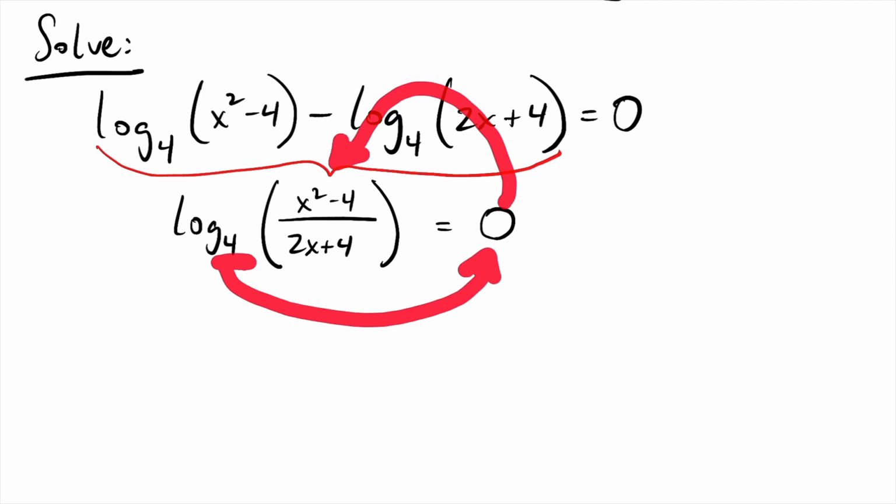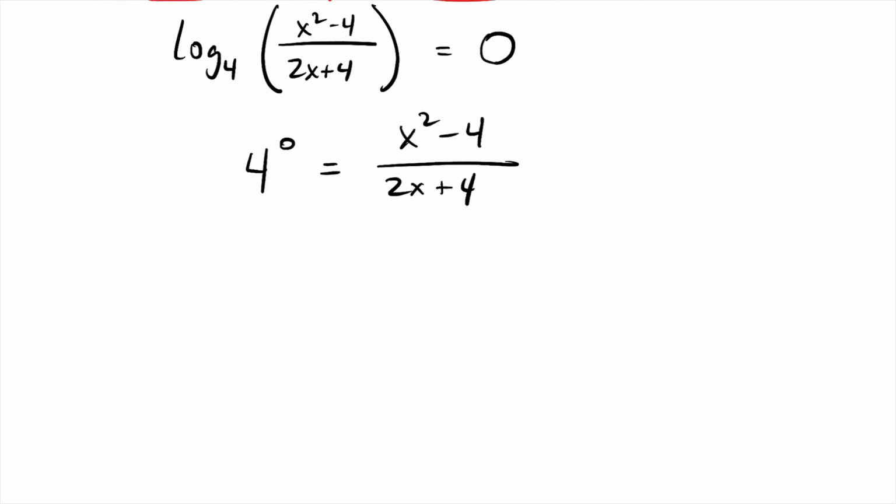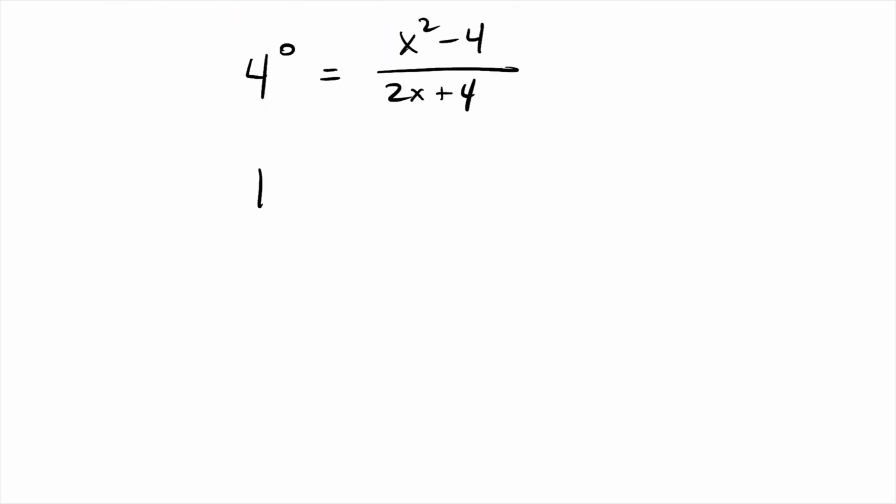Okay, so 4 to the 0 power equals fraction. What's 4 to the 0 power? 1, positive 1. So I have a fraction on one side and a 1 on the other. So I got to change 1 to a fraction, cross multiply.